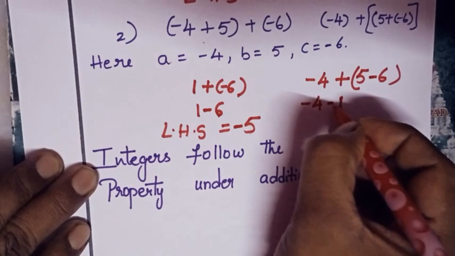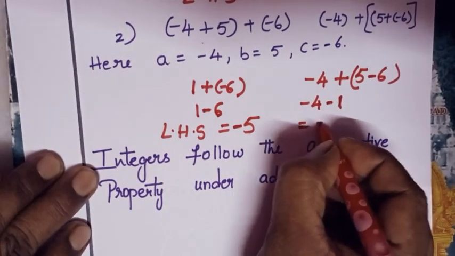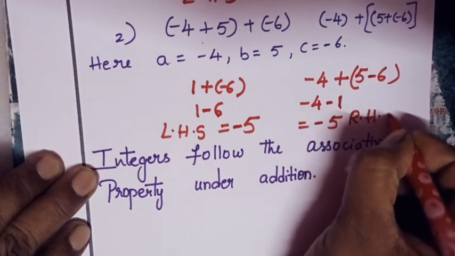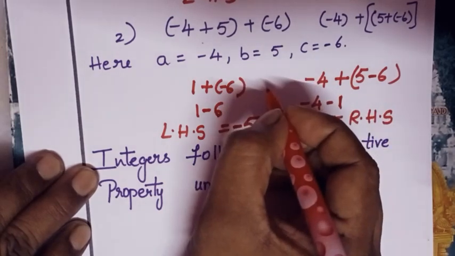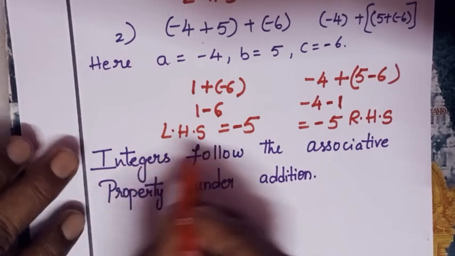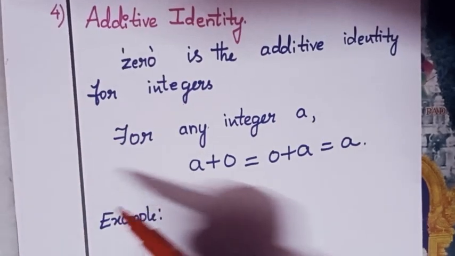Bigger number symbol minus. Minus 4 minus 1 equals minus 5. This is RHS. So LHS equals RHS. We proved A plus (B plus C) equals (A plus B) plus C. So integers follow the associative property under addition.